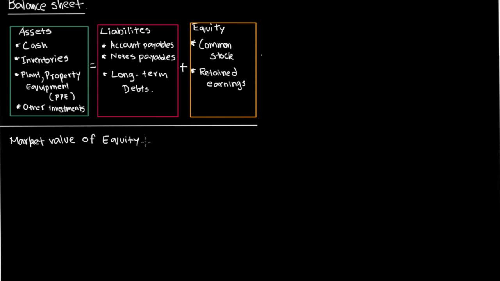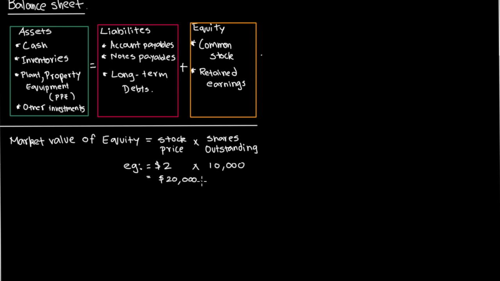So there's a market. Usually this is the stock market. So this is calculated by the current stock price multiplied by the total number of shares outstanding. So let's say, for an example, the stock price currently is $2, and there's total 10,000 shares. And the answer is about $20,000. So that is the market value of equity.